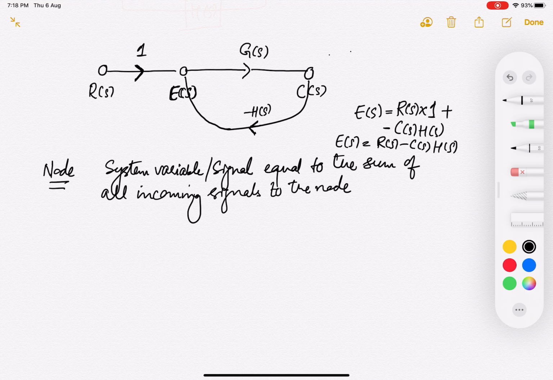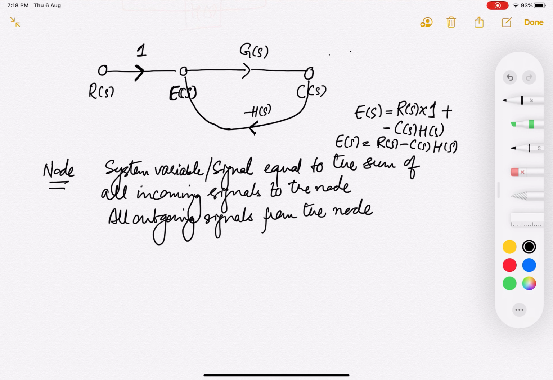So we have to remember that a node represents a system variable or signal which is equal to the sum of all incoming signals to the node. Another important thing is that all outgoing signals from the node are equal to the node variable, so that represents your pick-off point.